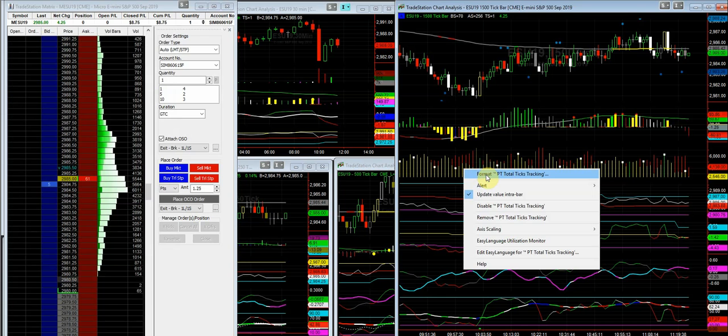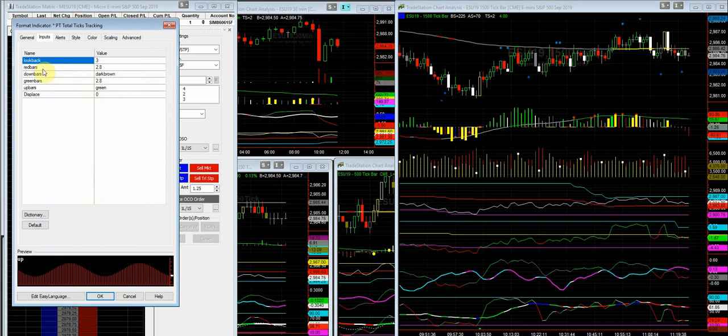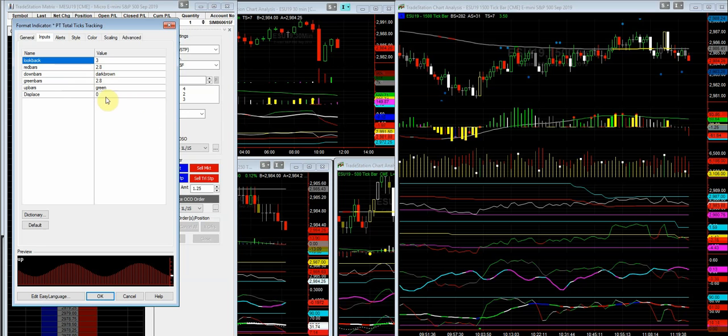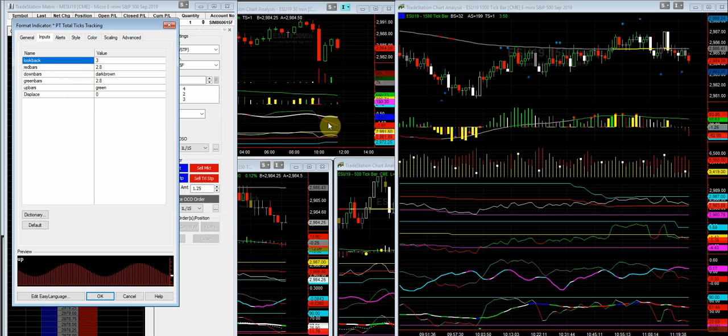Now again, let's go back to the format screen. We can see that the down bars, which are dark brown, are correlated to the red bars, which are 2.8, and I'll explain that in a minute. And the green bars here are correlated to the up bars, and that's also 2.8.